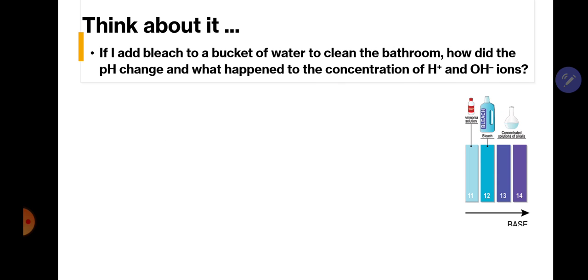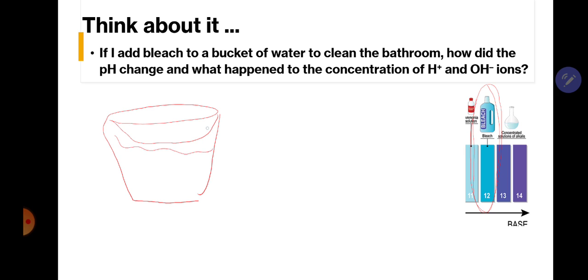All right, on the flip side, let's say I added a base. Let's say I have to clean my bathroom, so I have a bucket of water and I add some bleach so that it can disinfect everything. Here's my bucket of water, and here's my bucket of bleach.